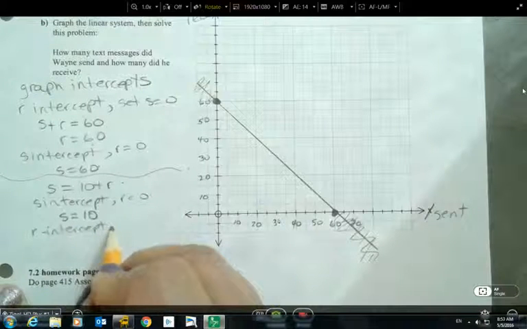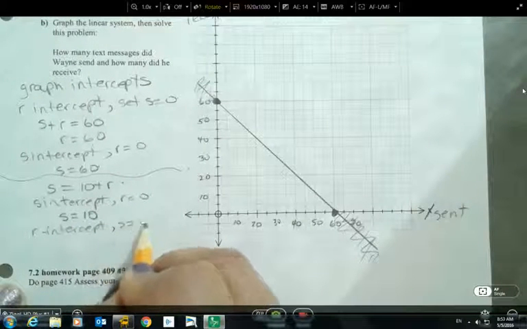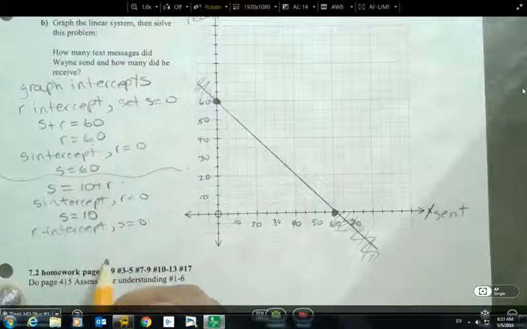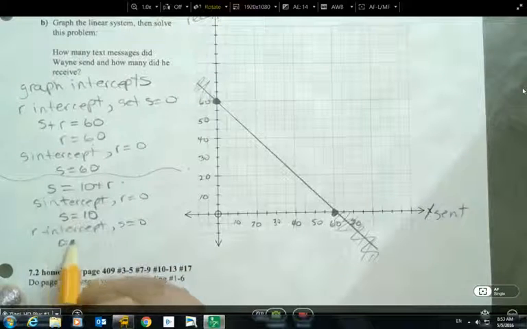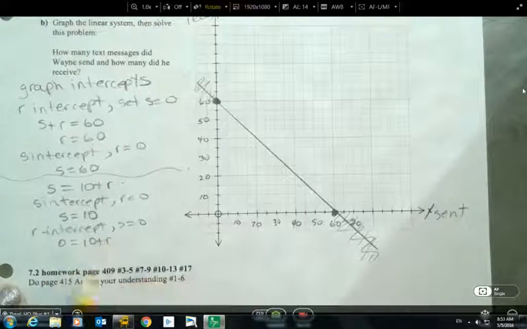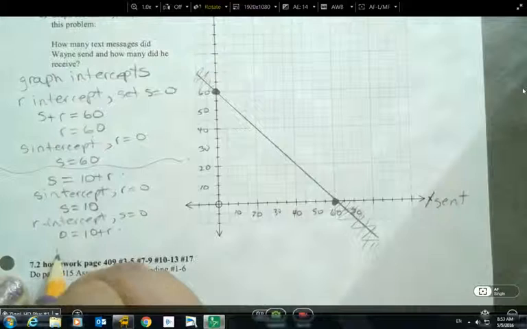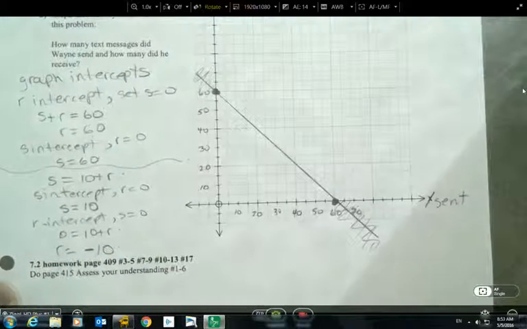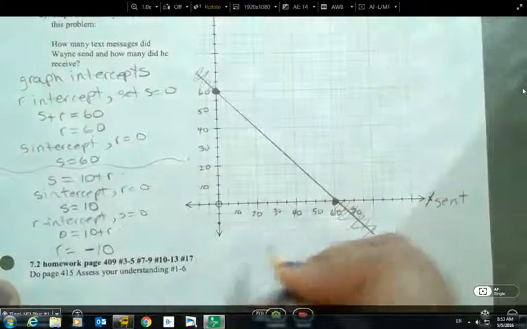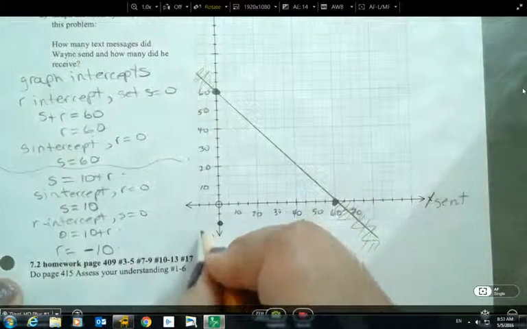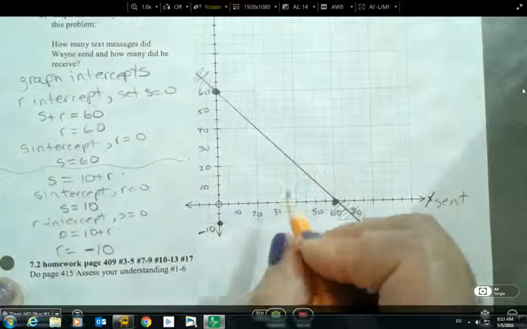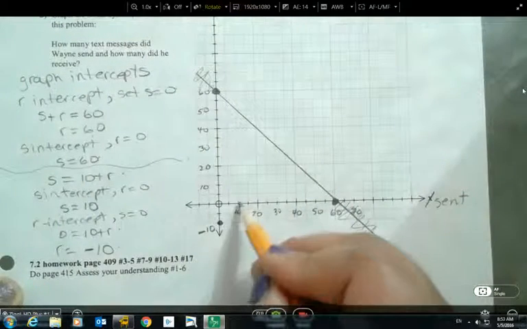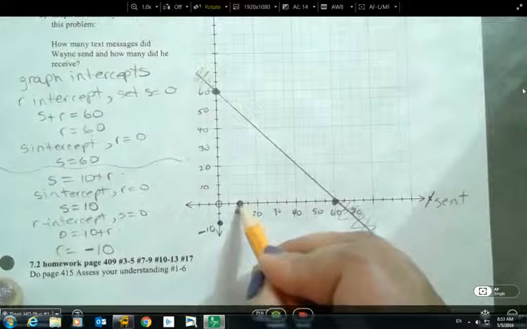I set S equal to 0, so I end up with 0 equals R plus 10, or 10 plus R. So what does R equal? Negative 10. Okay, so that means my R-intercept is going to be down here at negative 10. And my S-intercept is going to be at 10.